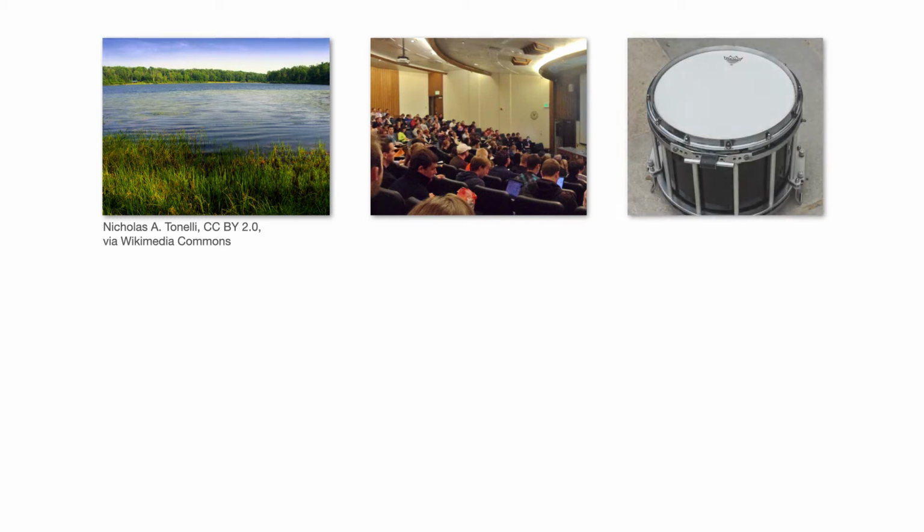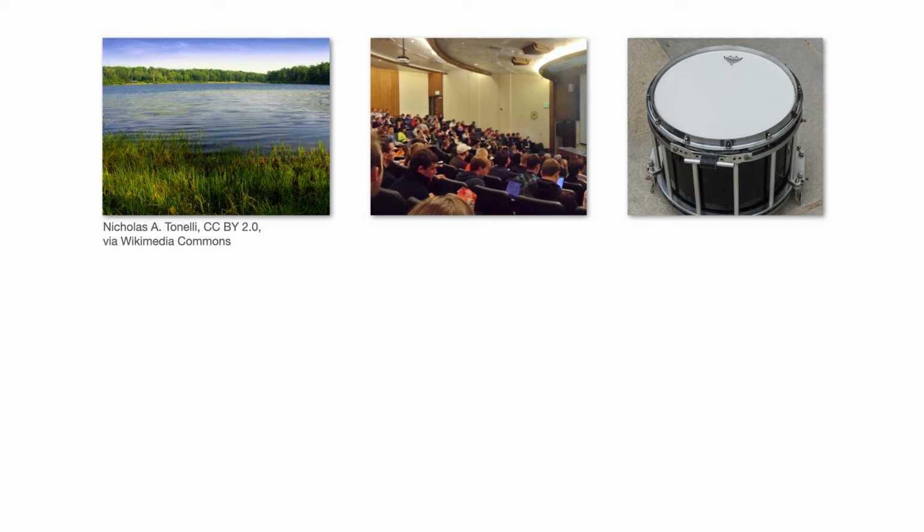Now, before I talk in more detail about the quantum model of the atom, I want to recapitulate some of the important properties of wave behavior. We're familiar with waves in our everyday life on the surface of bodies of water. We're familiar with sound waves in a room or outside. And we're familiar with vibrations of things like guitar strings and drum heads.